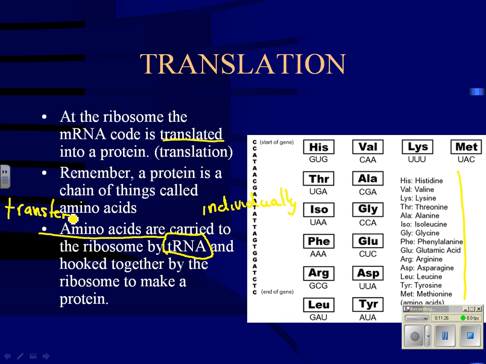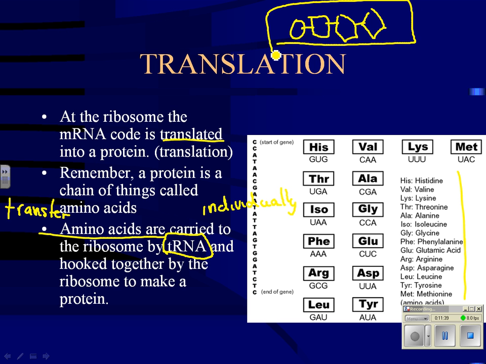These amino acids get hooked together by the ribosome, so we have amino acid, amino acid, amino acid, amino acid. They get hooked together, and that chain of amino acids, remember we talked about chains way back a couple months ago, makes a protein. We're going to look at this in a little bit of detail in class, so I'm not going to go into any more great gory detail than that.